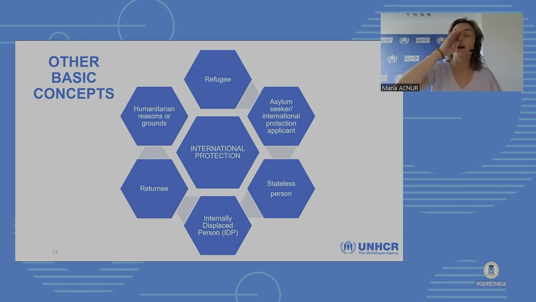Nationality tests are made when it's not possible to determine the nationality of a person that arrives applying for asylum because there is no document to prove it. But it can be proved through indirect ways: because of the language the person speaks, because of what the person knows about the country, because of the story the person tells. So these are indirect ways to prove the nationality, even if there is no document, which is very frequent in the case of refugees.